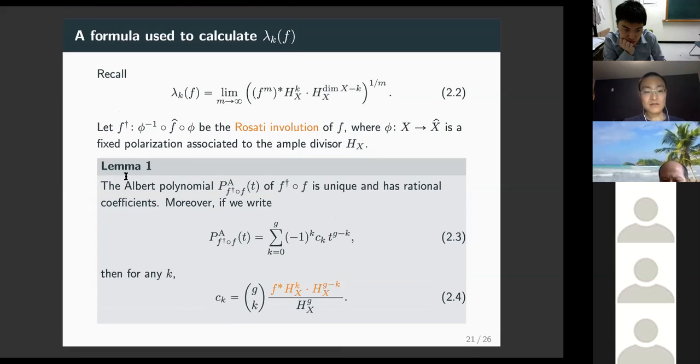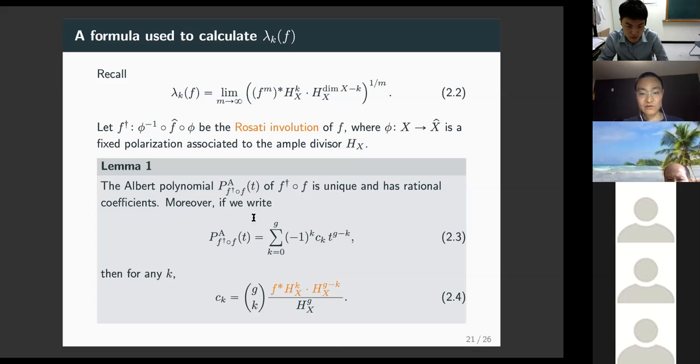Okay, and then here is a lemma. The lemma says that the characteristic polynomial of F dagger composed with F is unique and has only rational coefficients. A priori, the characteristic polynomial has only complex coefficients, but this one has only rational coefficients.